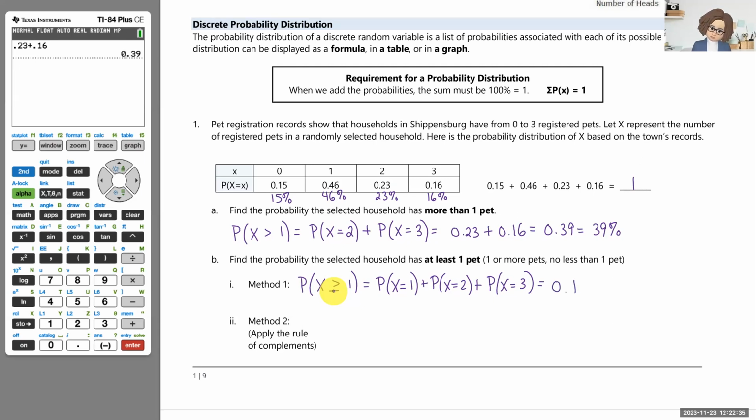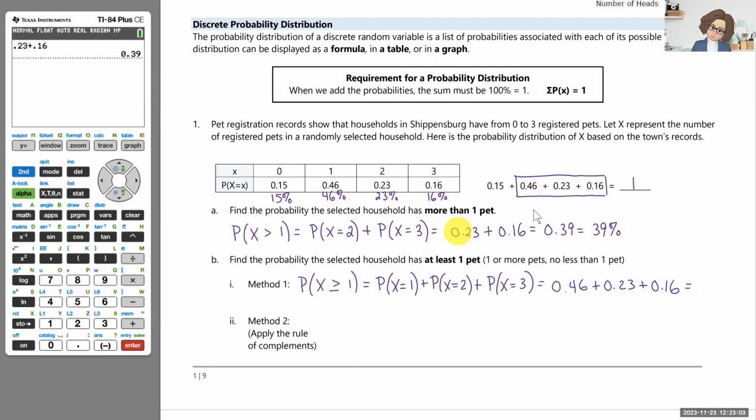So one pet, that was a probability of 0.46. Two pets was 0.23. Three pets, 0.16. And before I add those up, I'm just going to come up here and box that in so we know that all of those probabilities together add up to 1.